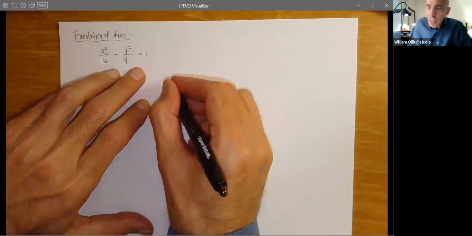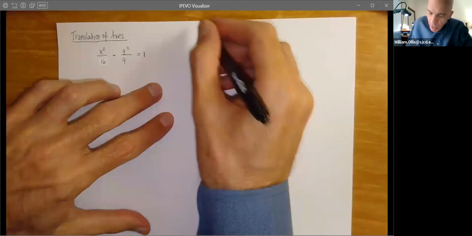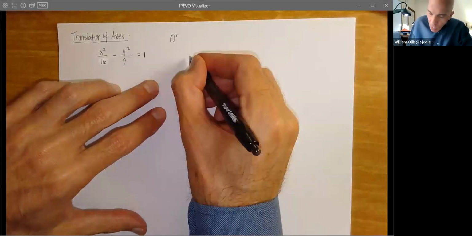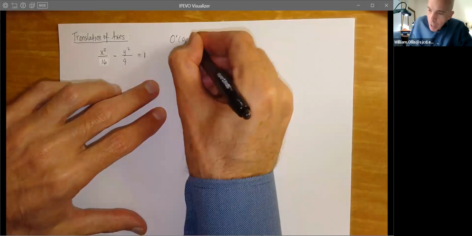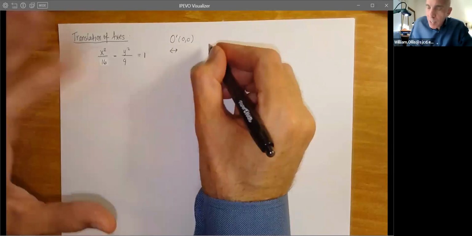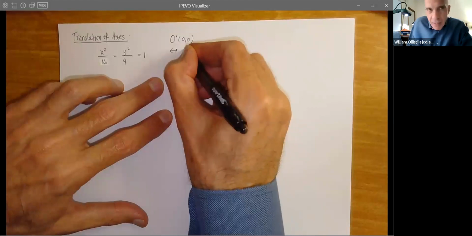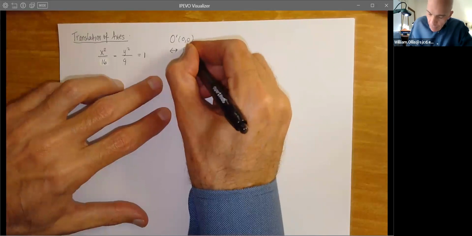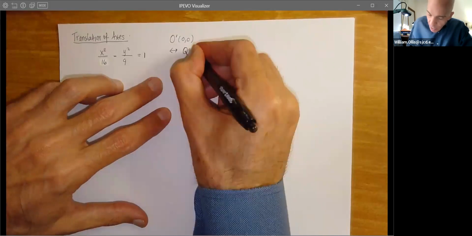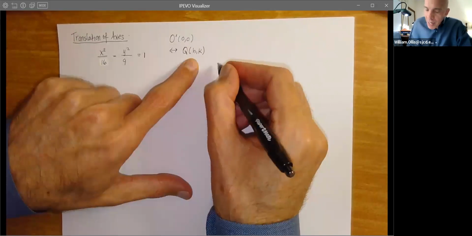And so say, for instance, we were thinking of a translated system. So maybe we have a new origin. We're going to call it O prime, which will be our new origin, but it's going to correspond to the numbers h and k. I'll just use the point Q, and I'll just say (h, k). So we take a point in our XY coordinate system.